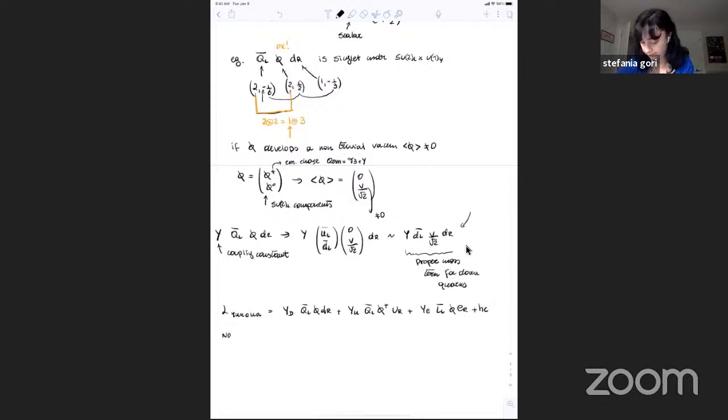And note that with the fermions that we know of, we cannot write a mass term for neutrinos.